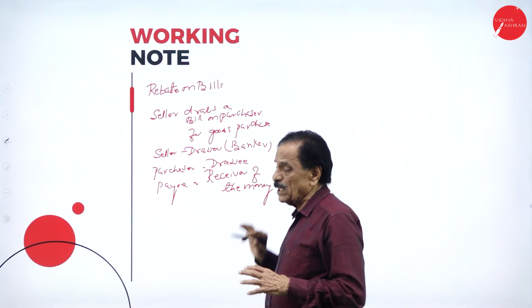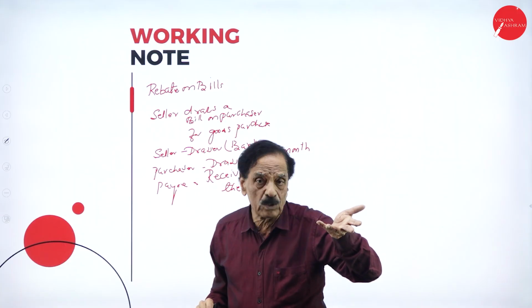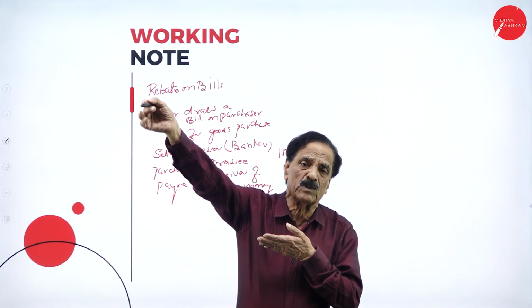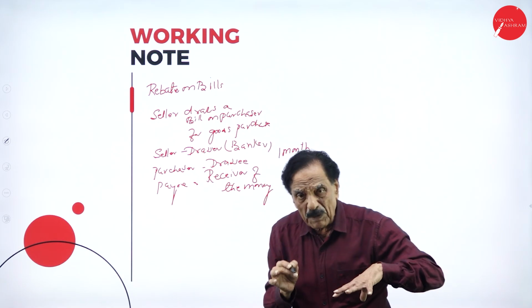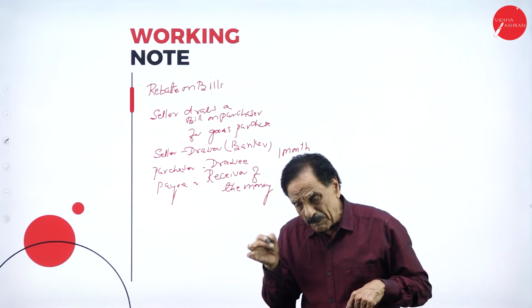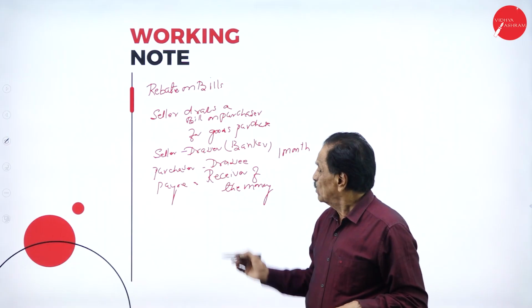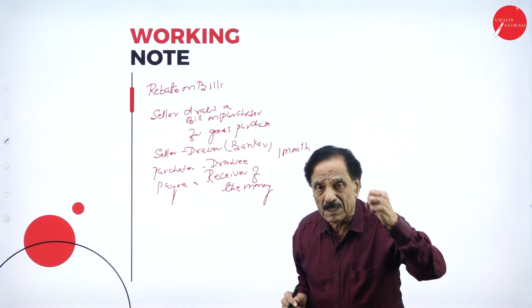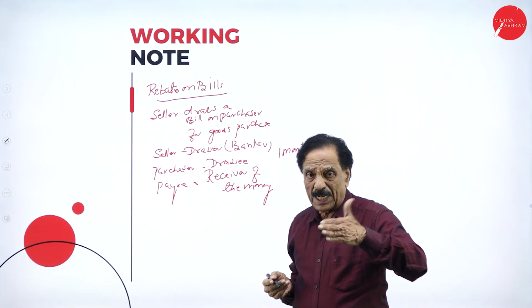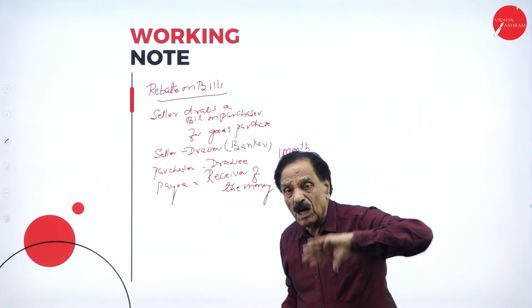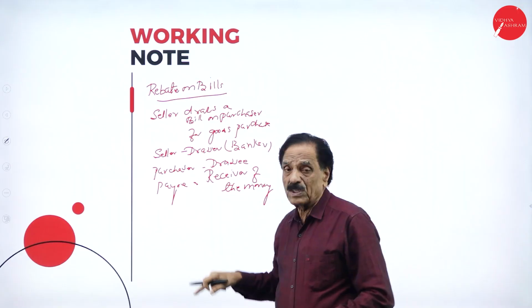After 1 month he has to pay to the banker, and the banker will pay the seller. This is the procedure. But if the purchaser pays the money to the banker within 20 days, the banker will give some courtesy, that is called rebate on bill. Some discount is given by the banker. It is a loss to the banker, gain to the purchaser.